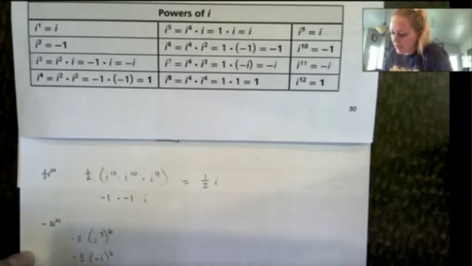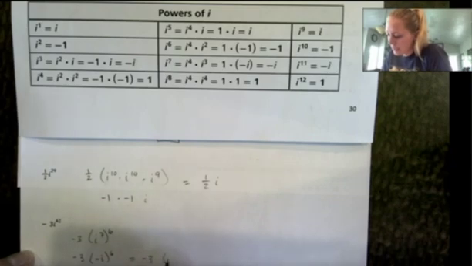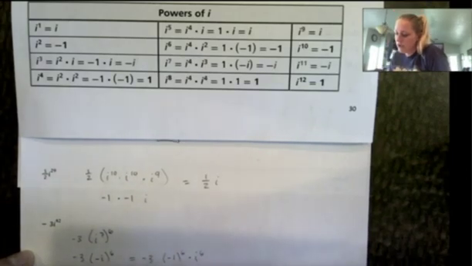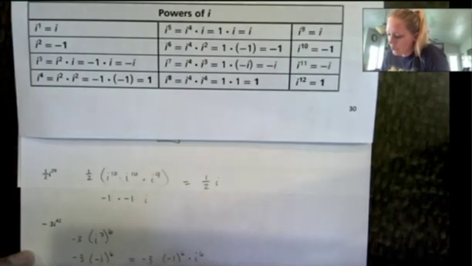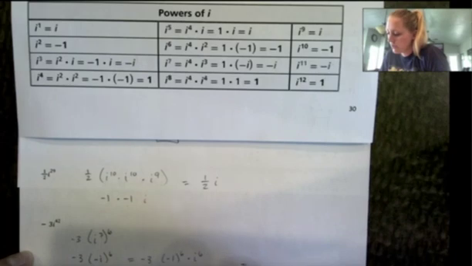And negative i to the 6th, we can also think about that as negative 1 to the 6th and i to the 6th, okay? So negative 1 to the 6th is just 1. And i to the 6th from our table is negative 1. So we have negative 3 times 1 times negative 1 is 3.